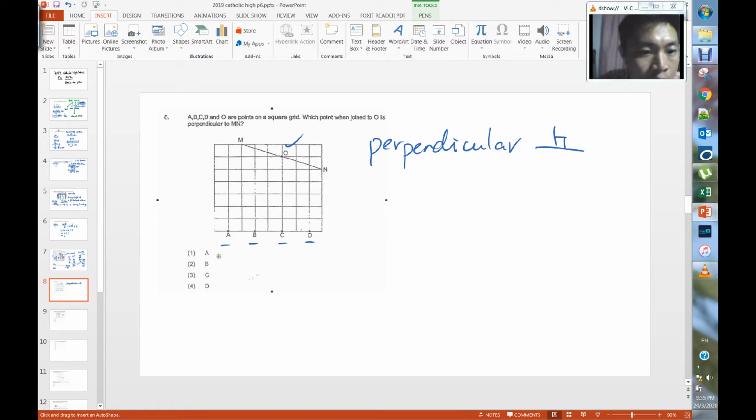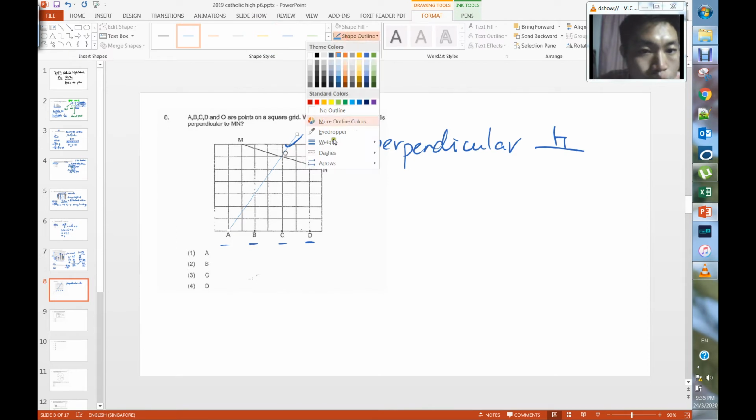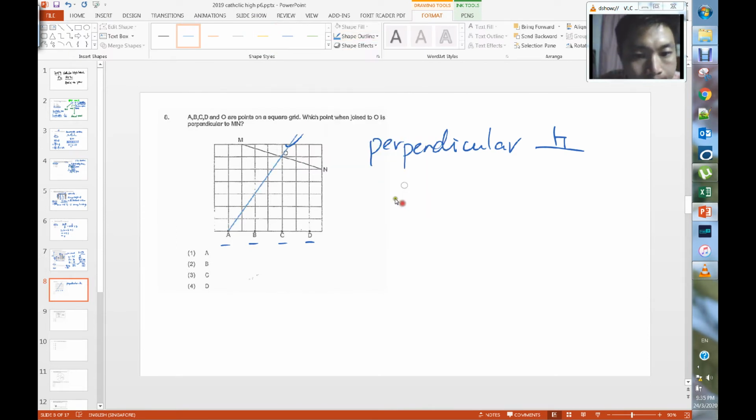So what you need to do is draw a line to see which line that you form from O to any point among A, B, C, D will give you a 90 degree angle to MN.